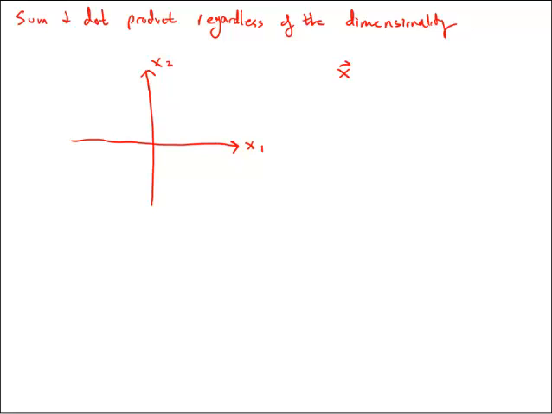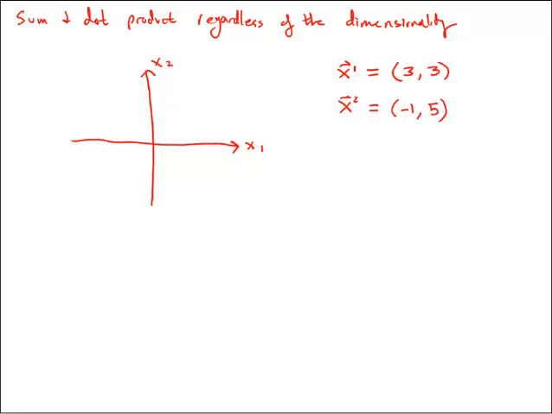So let's call x1, I'll put the index up there, is equal to 3, 3. And x2, our second vector, this doesn't mean square, this is just an index saying that it's a second vector, is equal to, let's say, -1, 5.